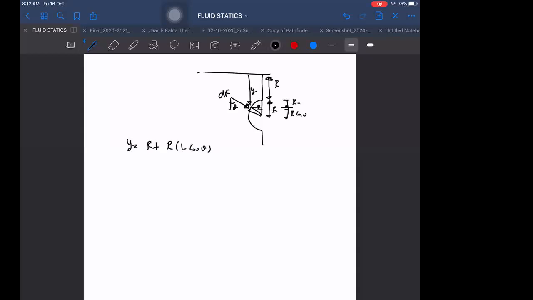So this part is r minus r cos theta. y is equal to r plus r minus r cos theta. Then rho g into y is the pressure.